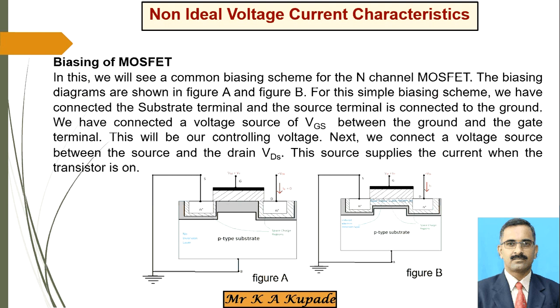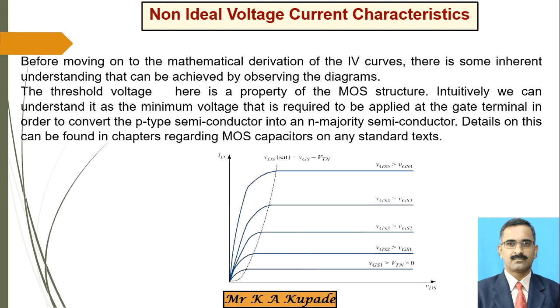The majority carriers from the source flow through that charged region towards the drain, and conventional current ID starts flowing from the drain terminal through the channel towards the source. This happens when VGS increases more than VT. This is how the MOSFET is biased.